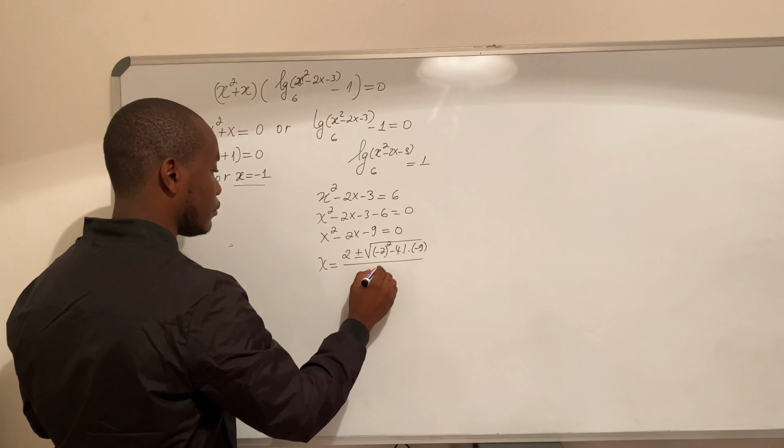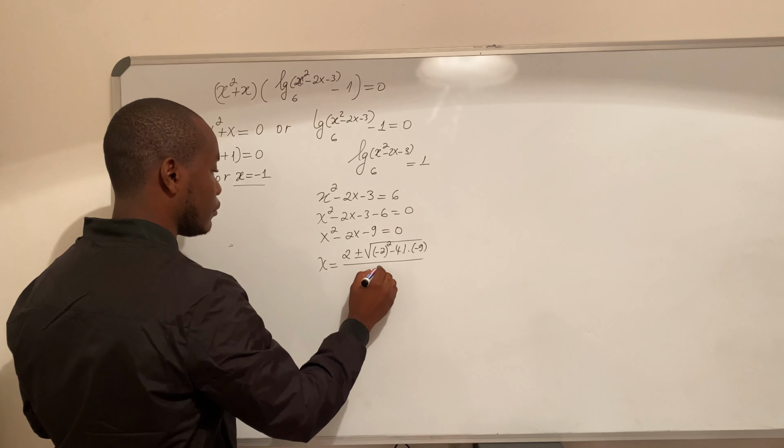Okay, now we have square root of 4, since 2 to the power 2 is 4, and minus and minus is plus, 4 times 9. What is 4 times 9? And now we have 36 here.